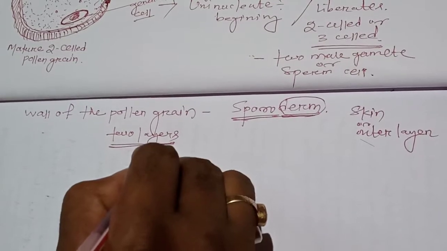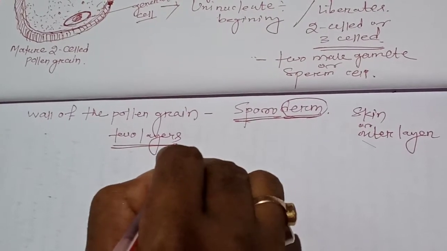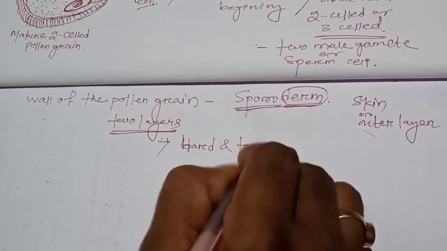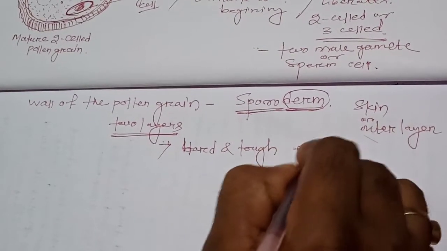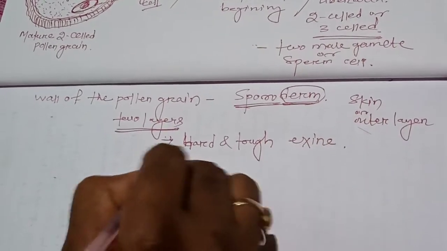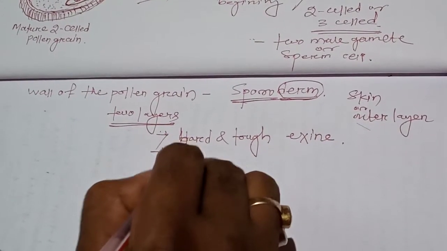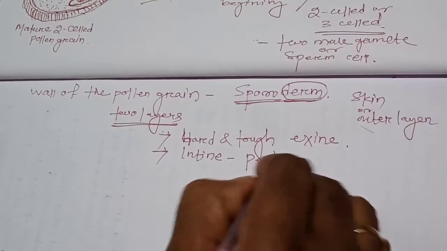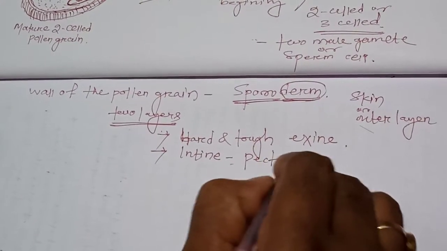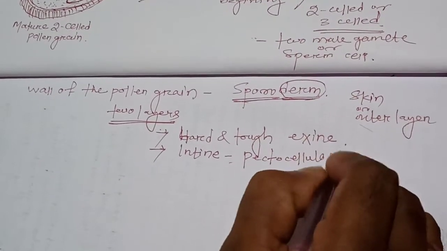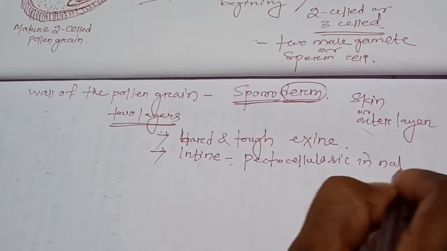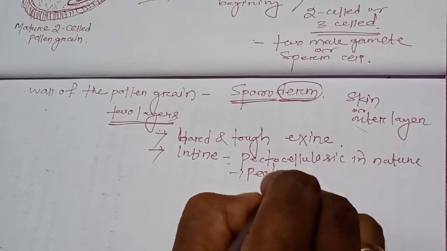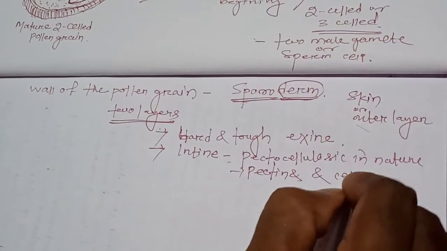The outer layer is called exine, and the inner layer is called intine, which is pectocellulosic in nature, meaning it is composed of pectins and cellulose.